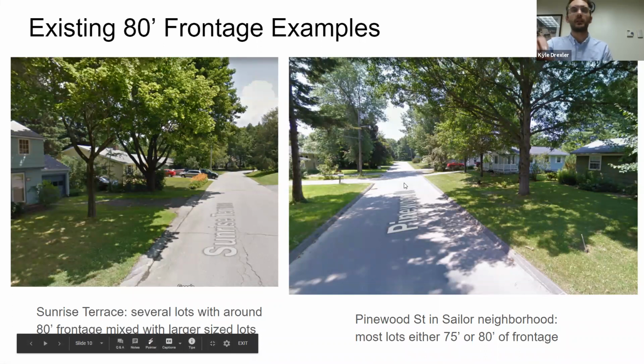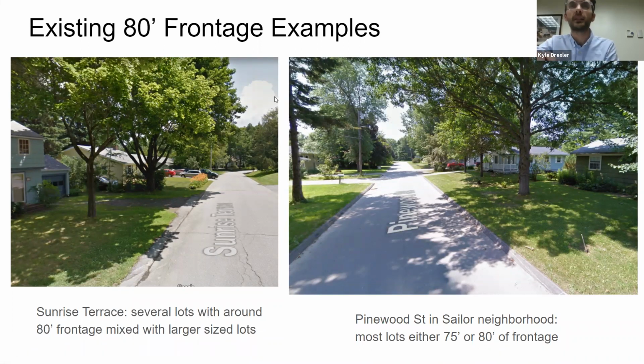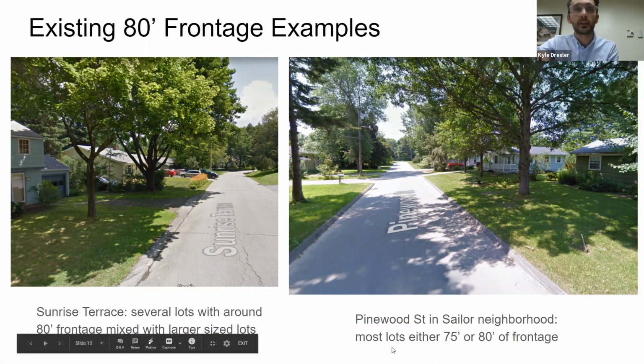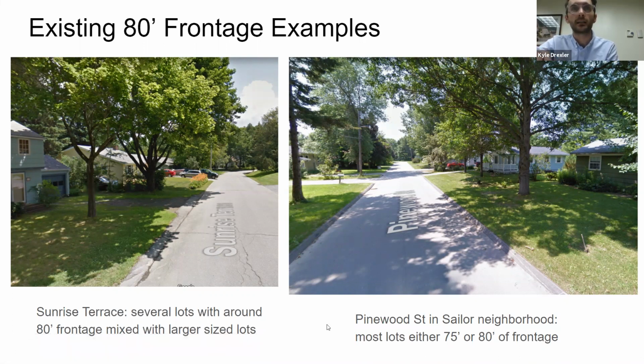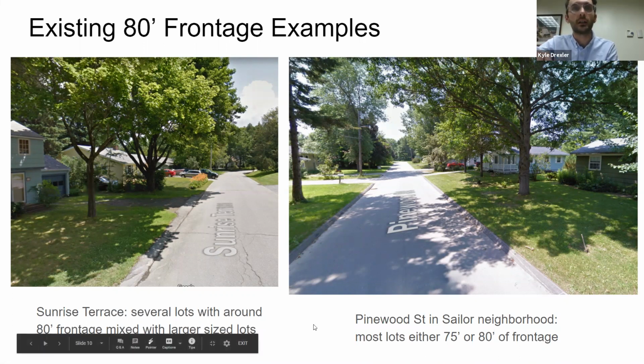Okay, the next slide here is giving some examples of the lower frontage requirement that already exist in town. On the left, Sunrise Terrace shows several lots along the street there with frontage around 80 feet. You can see that there's still space.